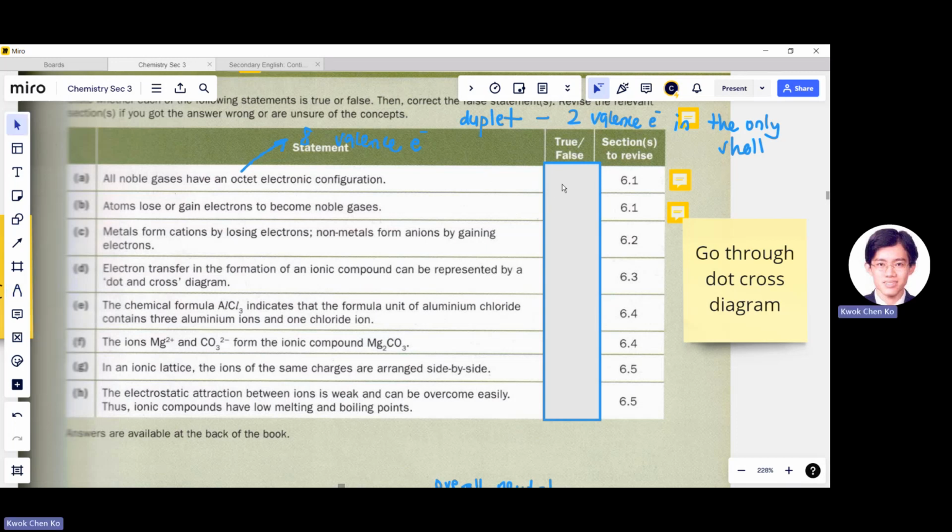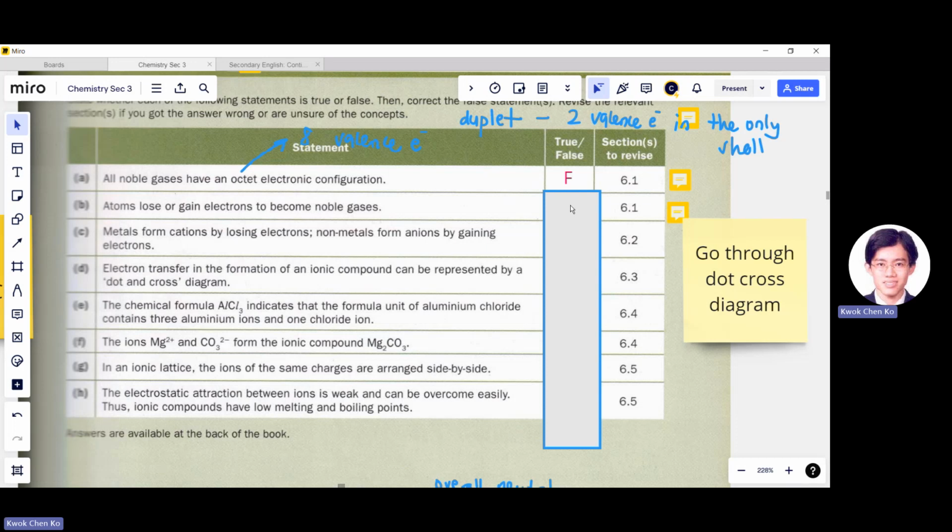So, guys, I want you to be careful for A. The answer is false. Because what is the first noble gas, Sabrina? Helium only has 2 valence electrons, right? So it cannot have an octet configuration. So the exception is helium.